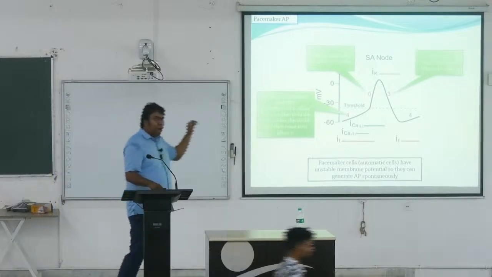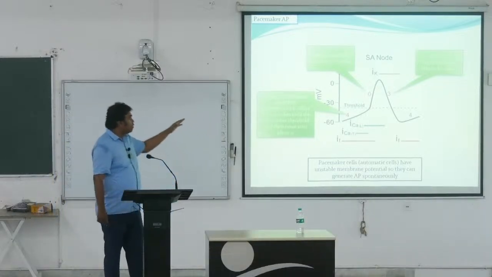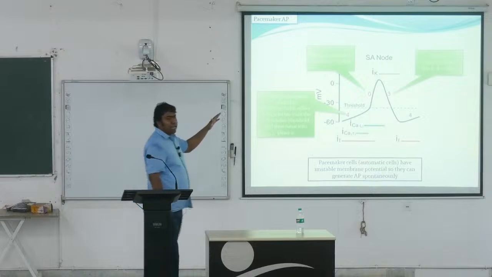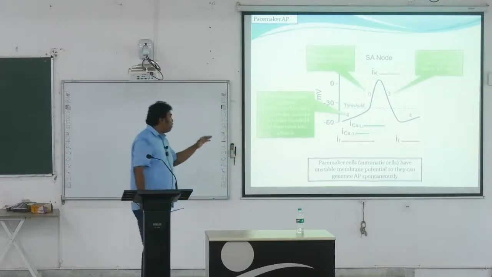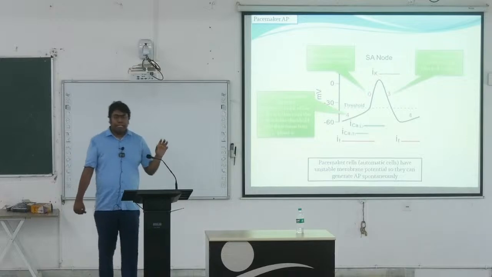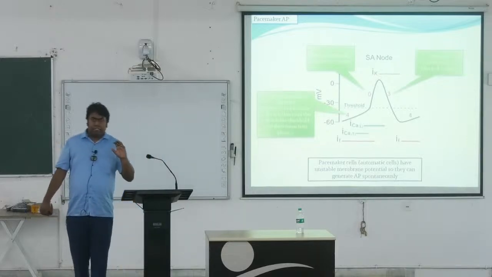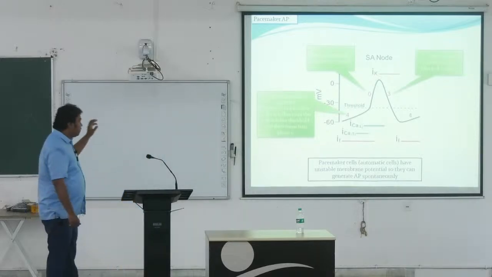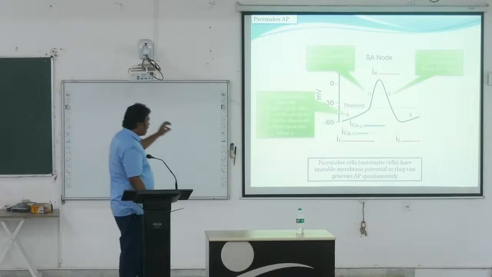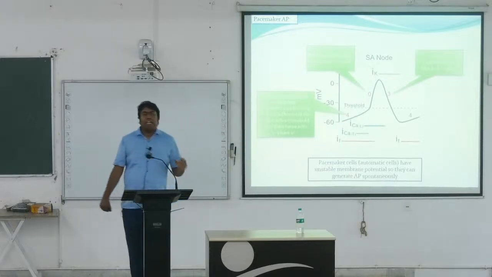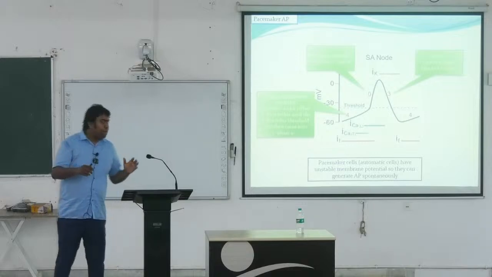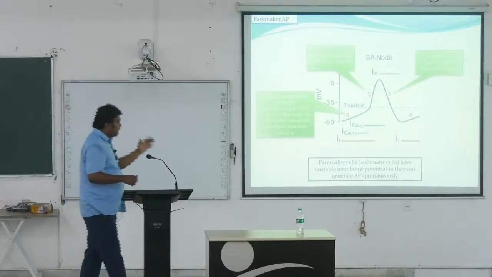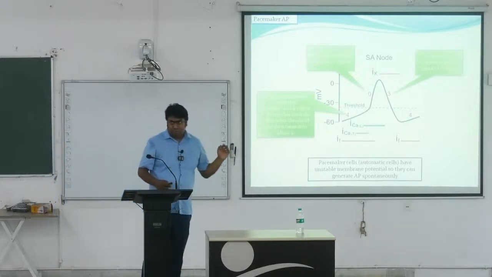There is no 1 and 2. It goes directly to 3. Phase 3 is due to the efflux of potassium. And there is a phase 4. In phase 4, there are 3 things simultaneously going on: influx of sodium, influx of calcium, and efflux of potassium. And that can lead to spontaneous automaticity.